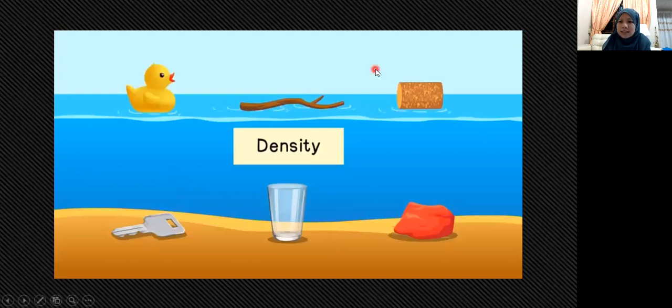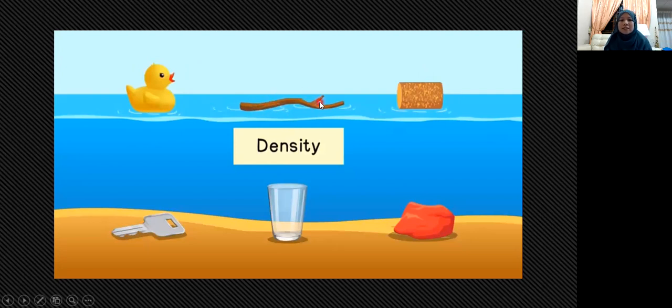As you can see in my slide, there are 6 different objects, and all the objects will have different density. As you can see here, 3 objects are float and 3 objects are sink. Here, toy duck, which is made up from plastic, and then cork and also wood.